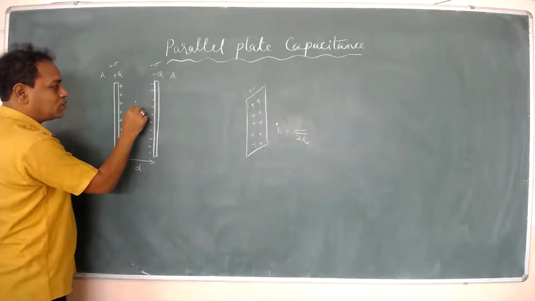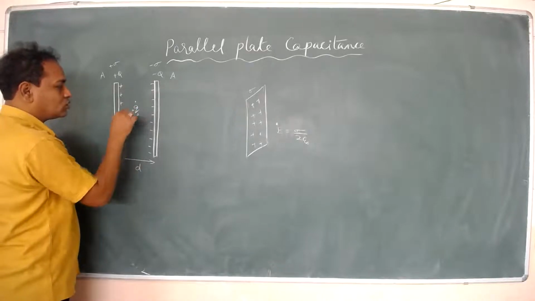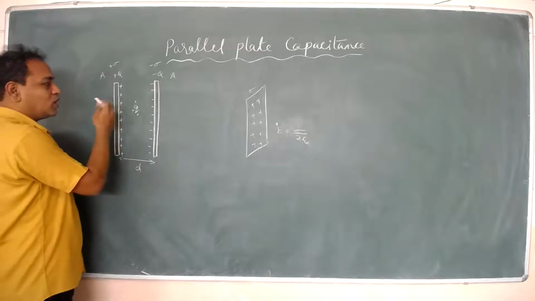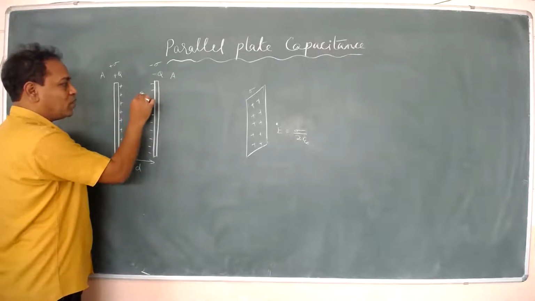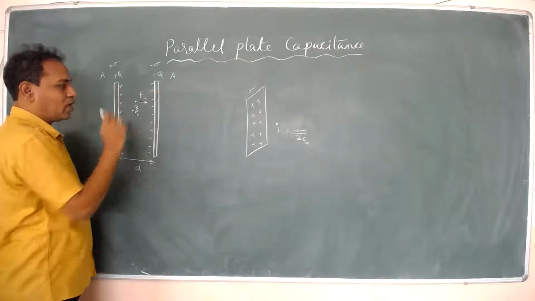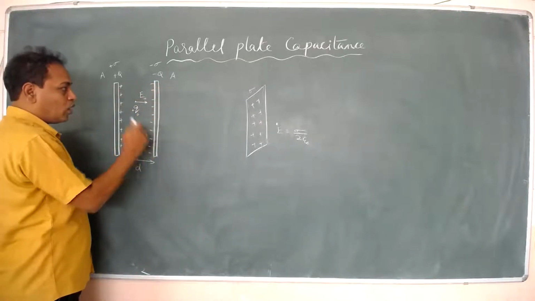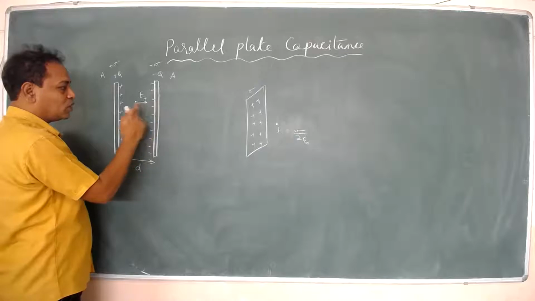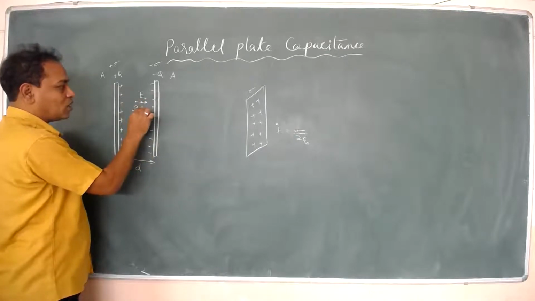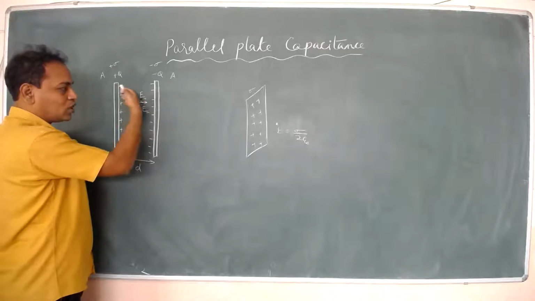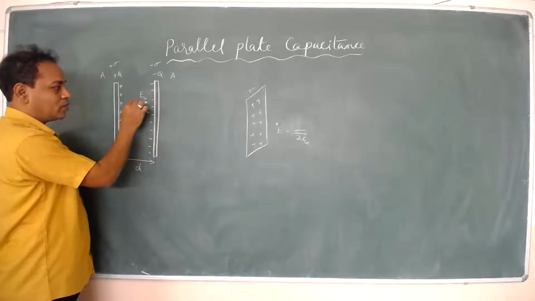This plate will act with some force on it in this direction, that is E plus. This is the negative plate, and it will attract this positive charge in that direction. So I can say E minus is also in the same direction at this point.